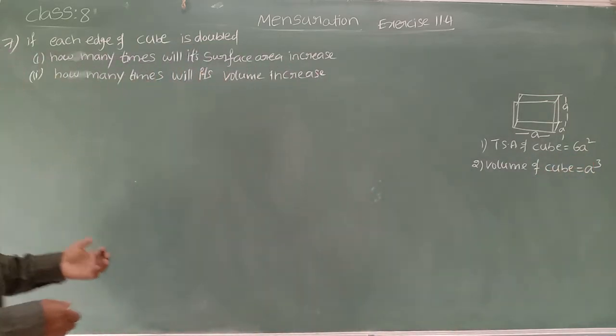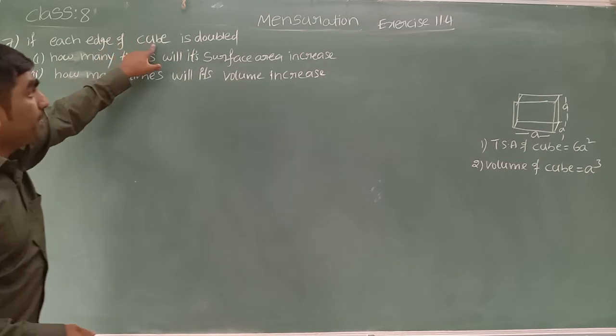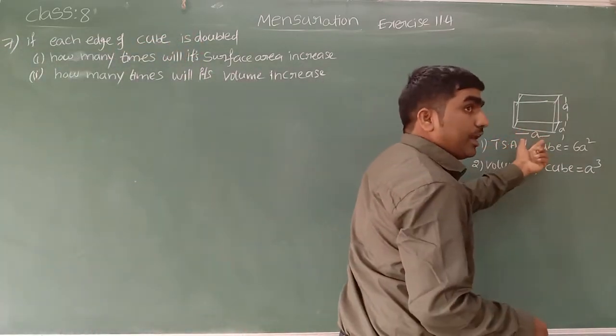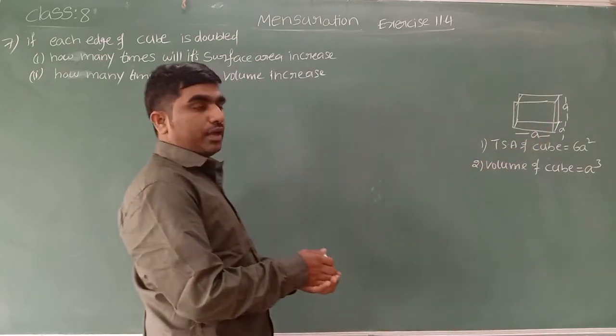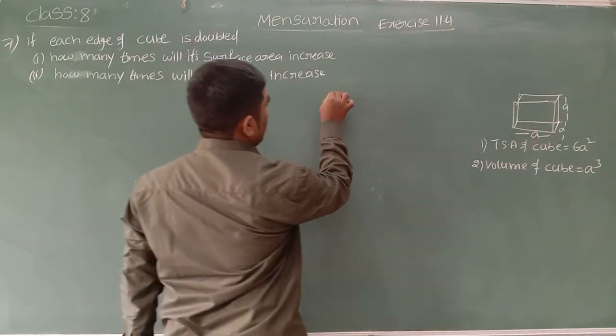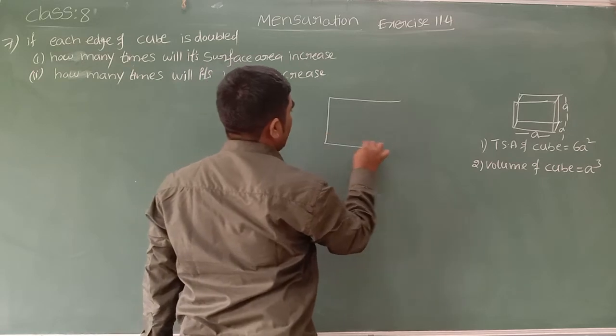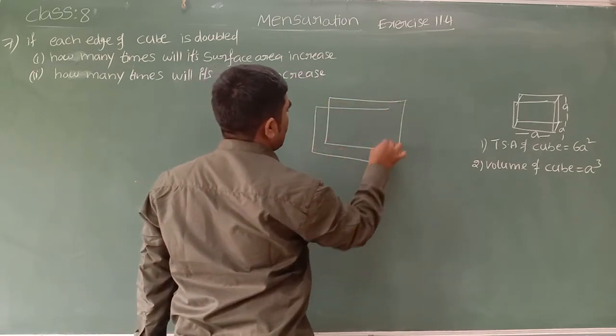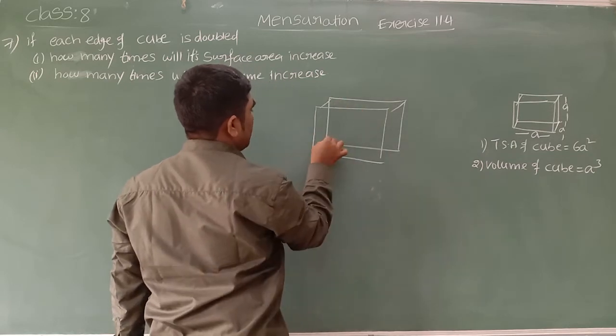But here they said each edge of a cube is doubled. So double of a is 2 into a, I mean 2a. So when we double each edge of a cube, the side will become 2a.